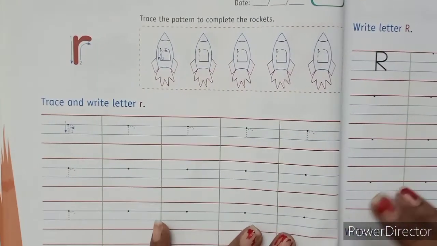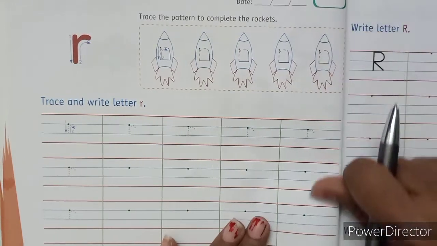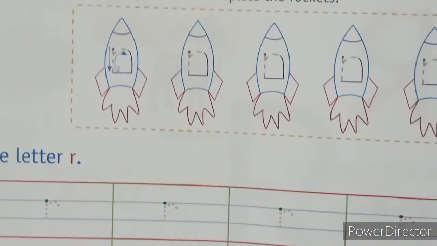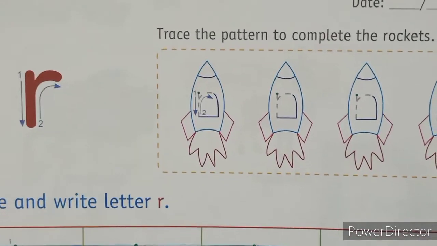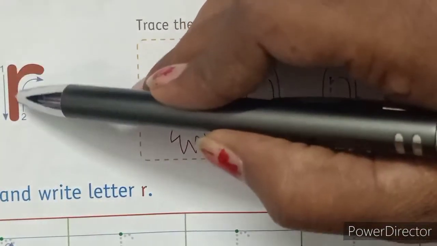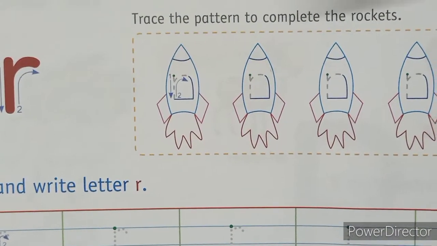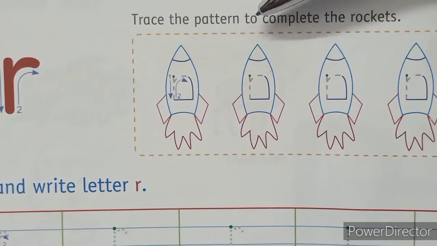Now we'll learn writing the small letter R. So you can see the small letter R. So we'll just trace the pattern to complete the rockets.